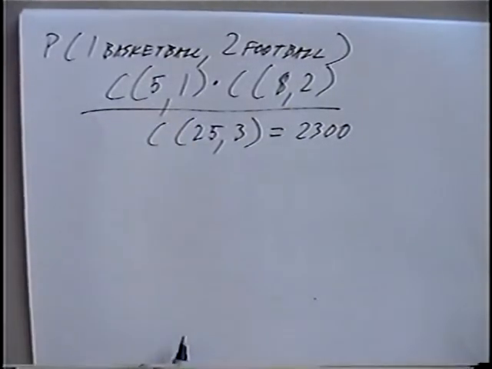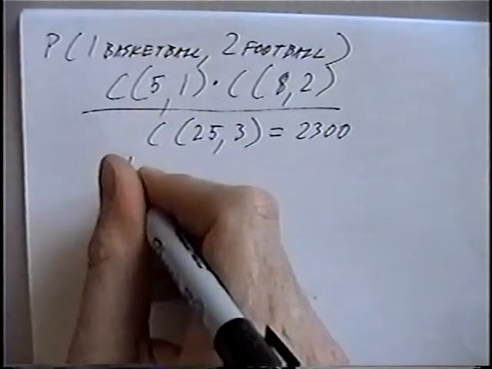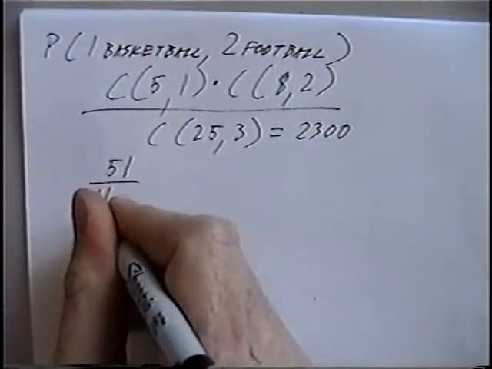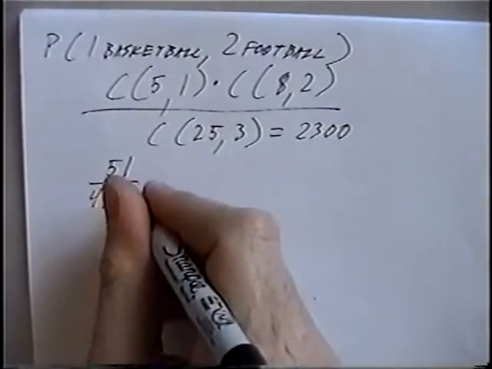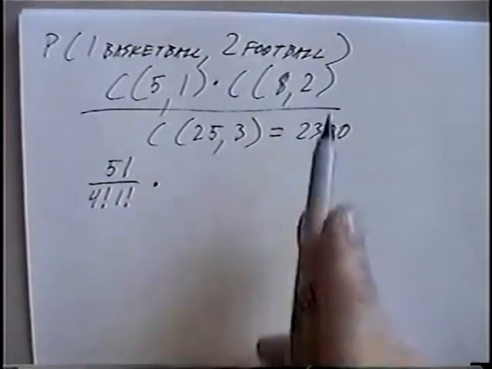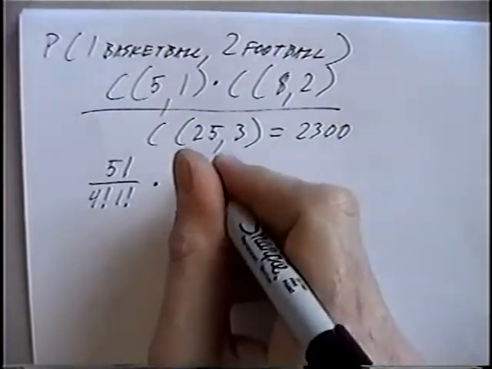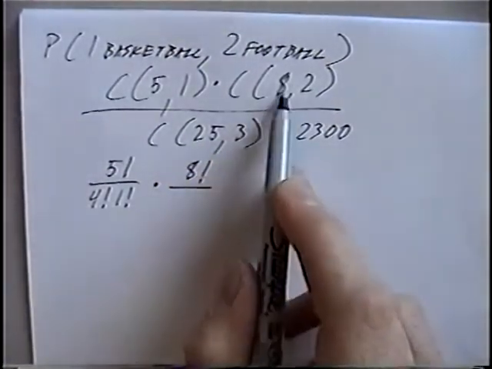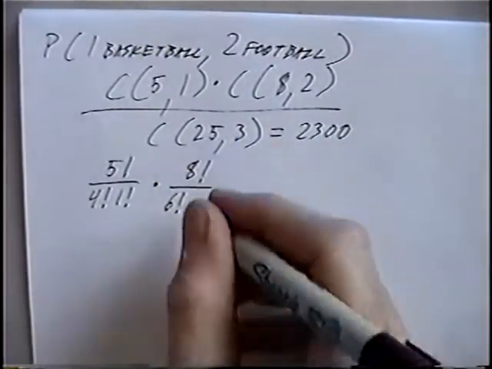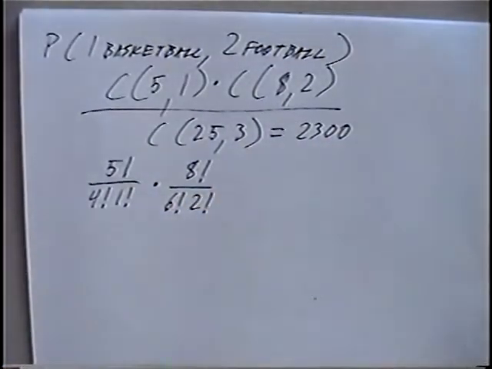Solving combination 5, 1, that would be 5 factorial, divided by 5 minus 1, which is 4 factorial, and 1 factorial. And then we're going to multiply that by combination 8, 2, which would be 8 factorial, divided by 8 minus 2, which is 6 factorial, and the last number, which is 2 factorial.